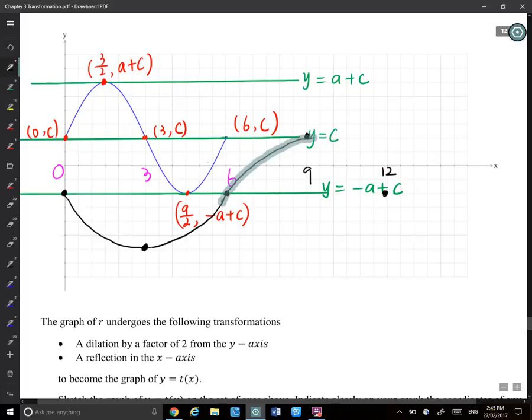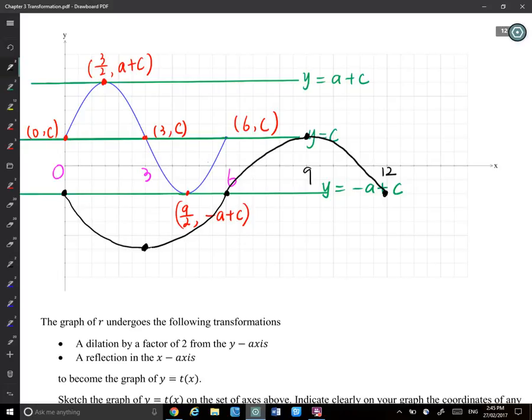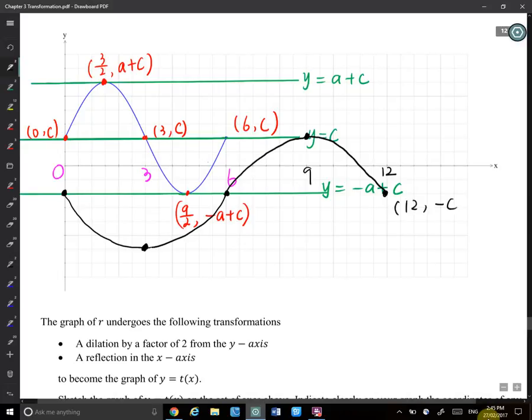The shape of the graph will look like this. That should be the shape of the graph, and you need to label the coordinates here.